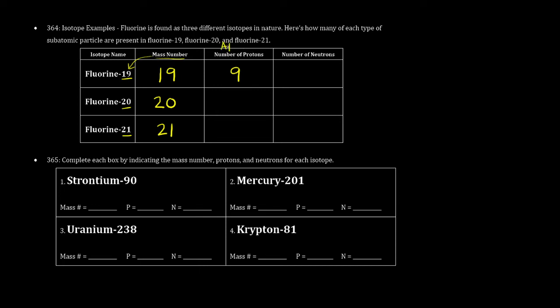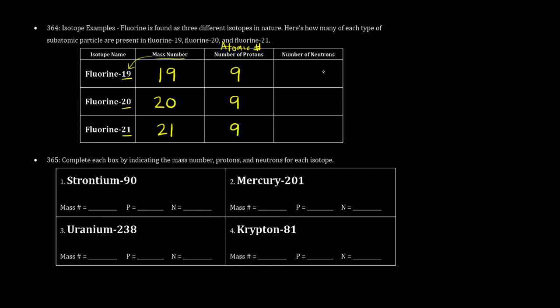And I'm going to write atomic number up here. That way we kind of remember what that is. Atomic number is the number of protons. So if fluorine 19 has 9 protons, well then fluorine 20 has 9 protons. They're both fluorine. And if fluorine 20 has 9 protons, then fluorine 21 has 9 protons as well.